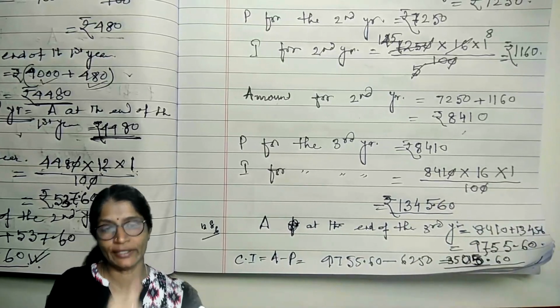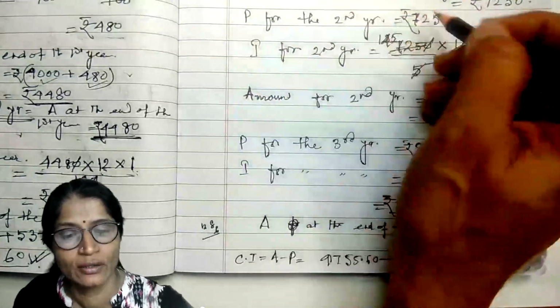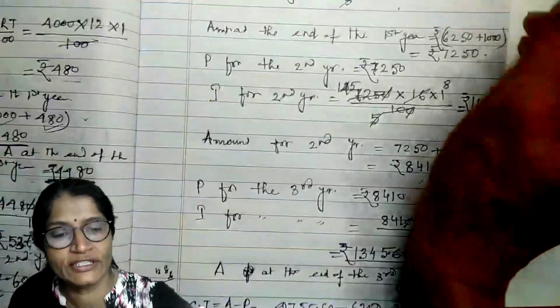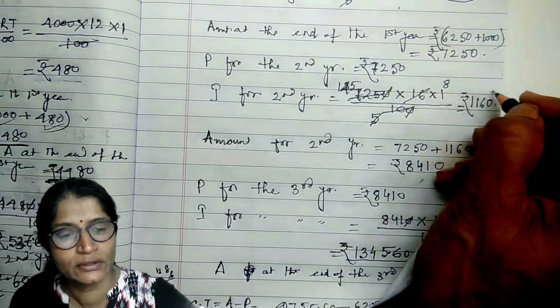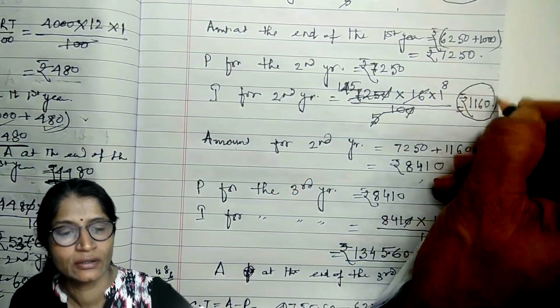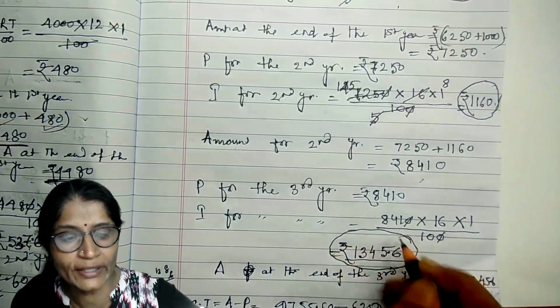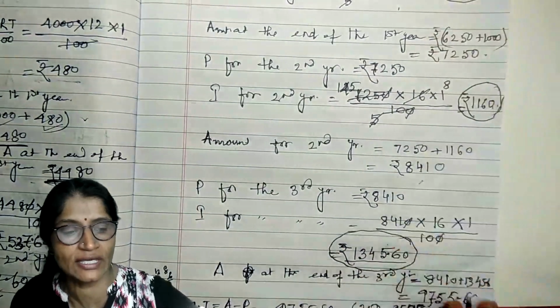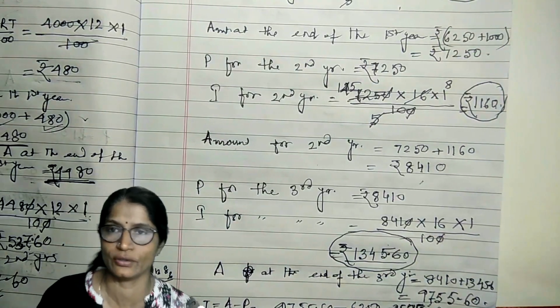Even you can calculate the whatever interest you have obtained in the first year. First interest was 1000, second interest was this 1160, and third interest was this one. If you take the total of these three interests, then also it will come out the same, that is 3505.60.